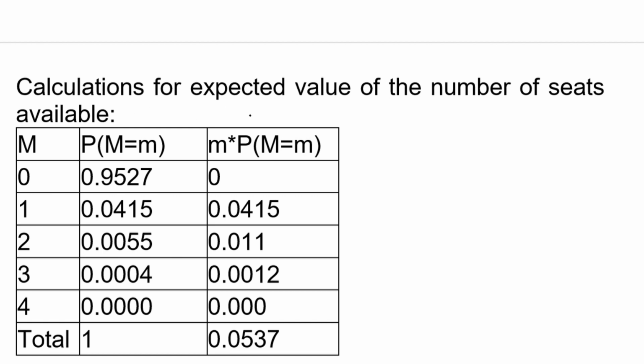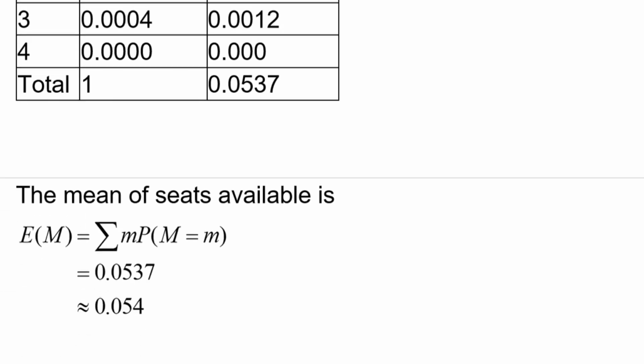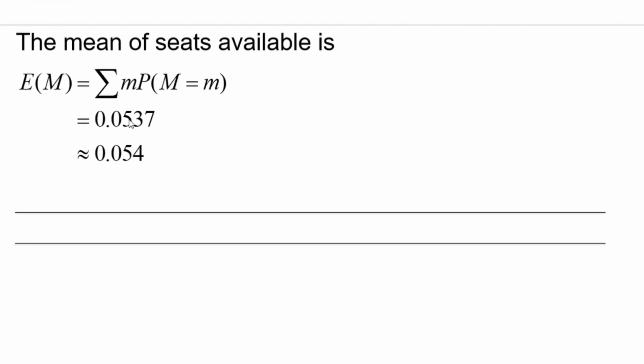To find the expected value, we need to multiply m by its probability. So this column shows the same, right? And the sum of these values is 0.0537. So the expected number of seats available when the limousine departs is 0.0537 or 0.054.